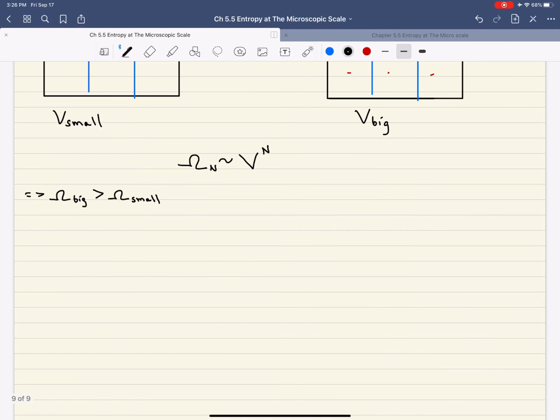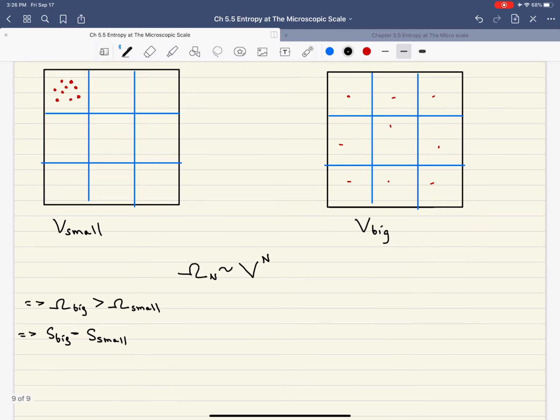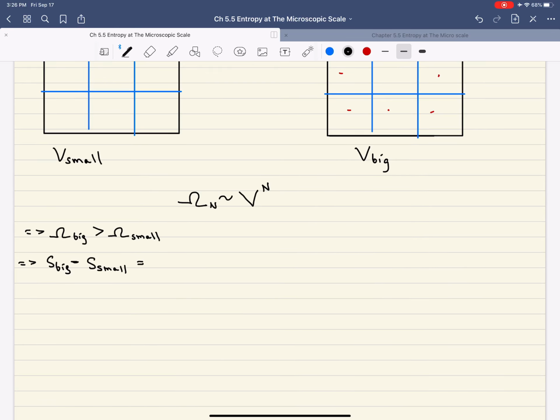That's the omegas, but it's a bit easier to think of this description in terms of entropy. If we compare the entropy of the big system to the entropy of the small system, S big minus S small would be equal to N k_B natural log of V big divided by V small.